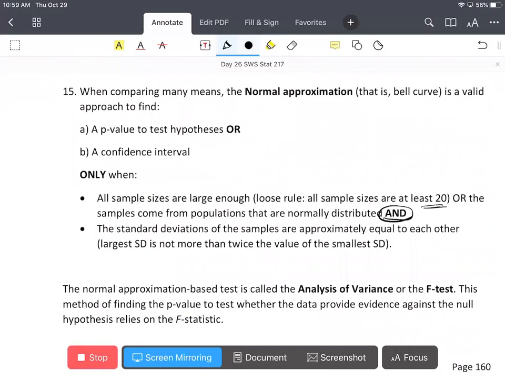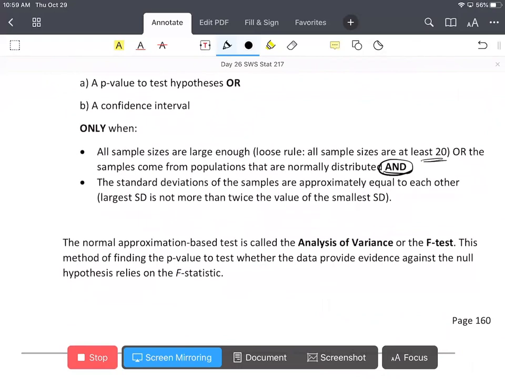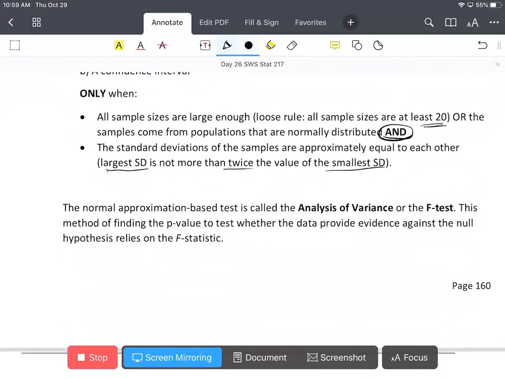The standard deviations of the samples are approximately equal to each other. The largest standard deviation cannot be more than twice the value of the smallest standard deviation. So the normal approximation-based test is called the analysis of variance or the F-test. This is a method of finding the p-value to test whether the data provide evidence against a null hypothesis that relies on the F statistic.